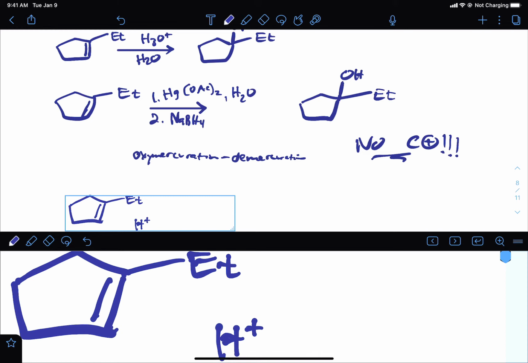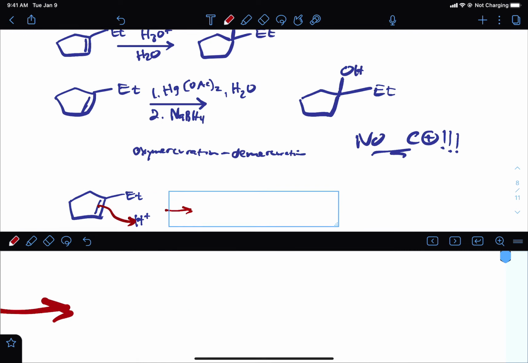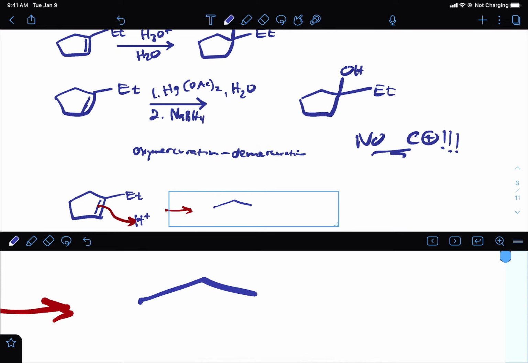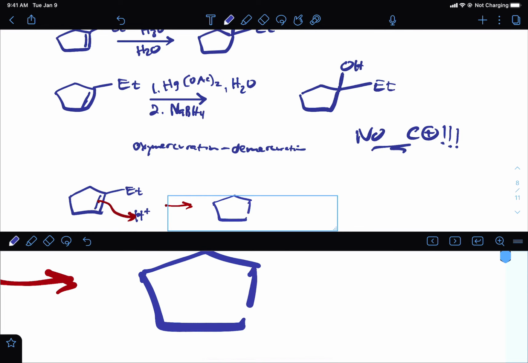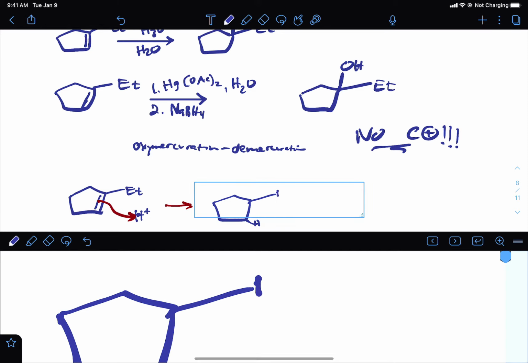The pi bond is going to grab the H. It's going to put the H on the carbon with the most H's, following Markovnikov's rule, which means that the H goes there. We've got our ethyl group, and our carbocation is here.